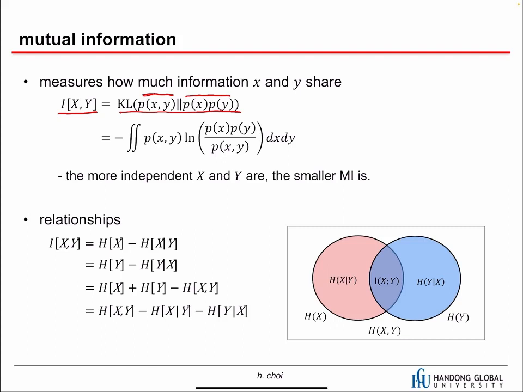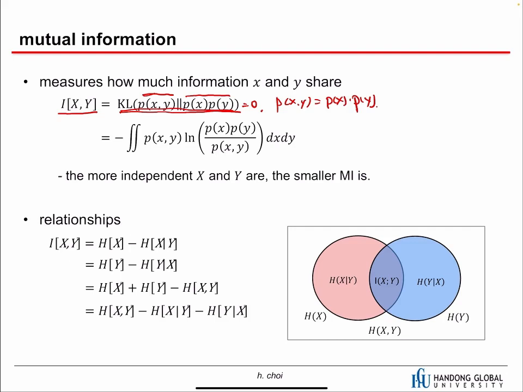If X and Y are independent, then P(X,Y) is actually P(X) times P(Y). That means if X and Y are independent, then this is 0.